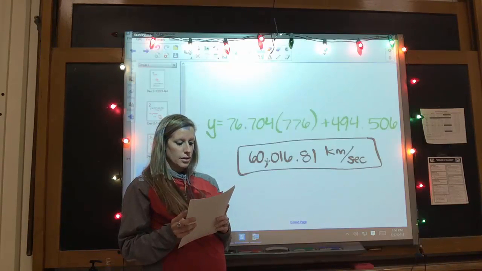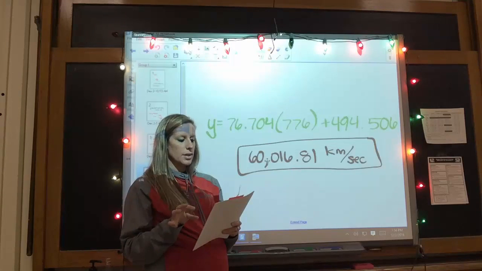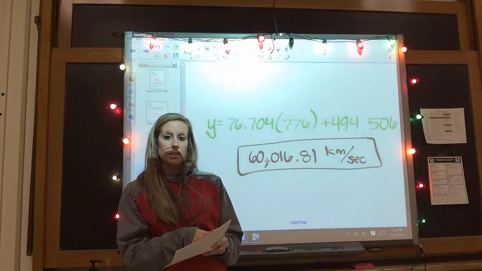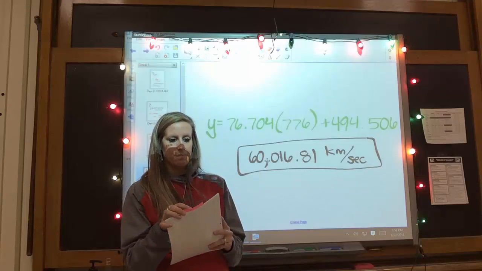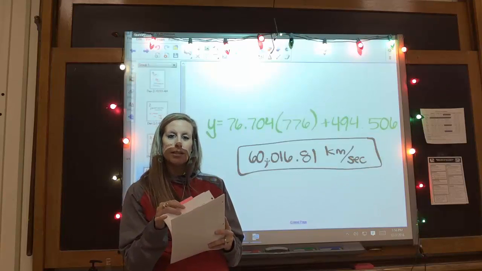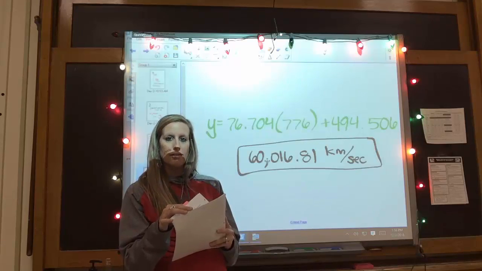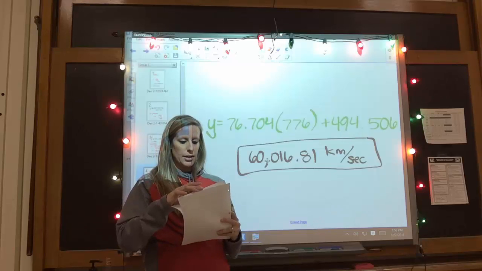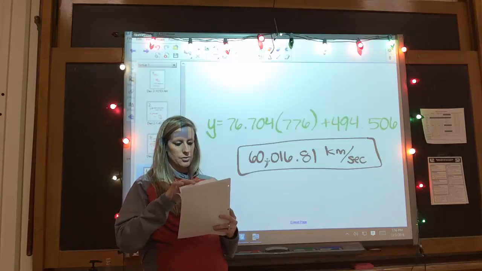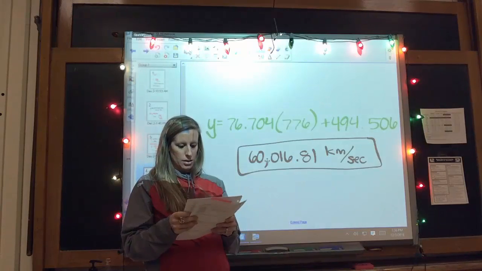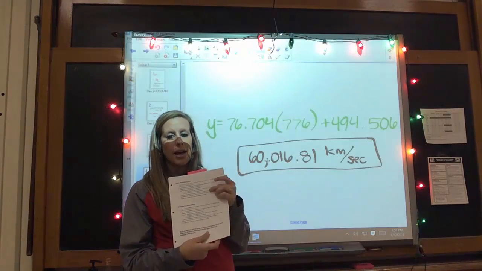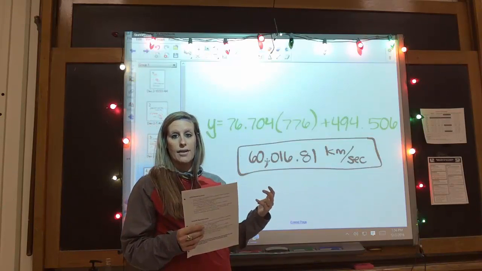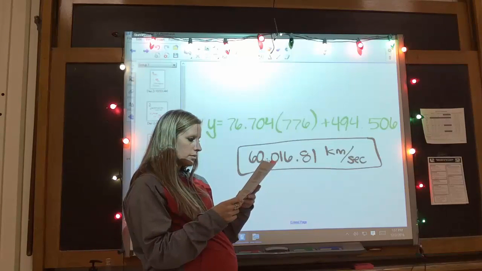Just punch it in. I do want to mention one thing. If you're ever curious what this data looks like, or you can kind of see what kind of shape this graph makes, look at your calculator steps that were handed out. Okay, it tells you on there how to see what kind of graph the points in that table make.